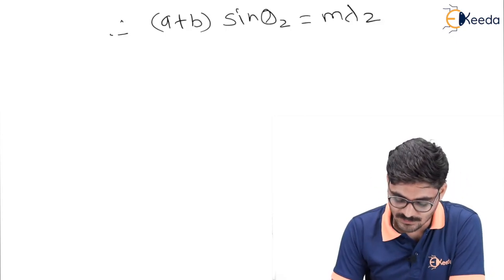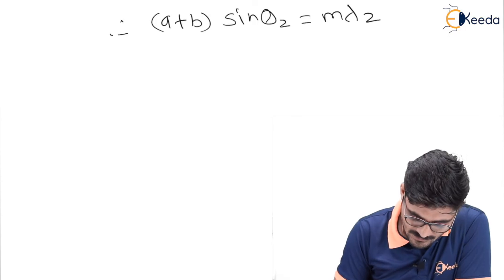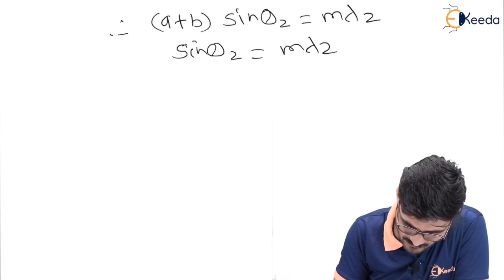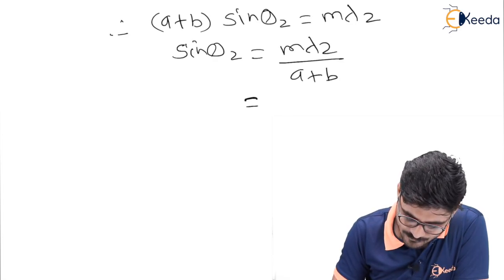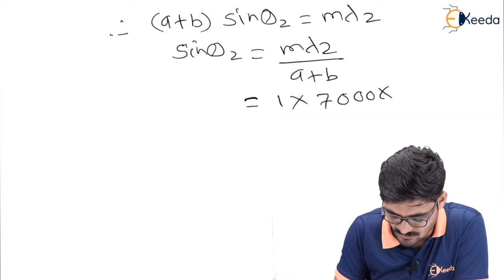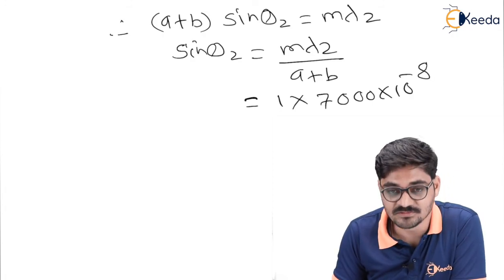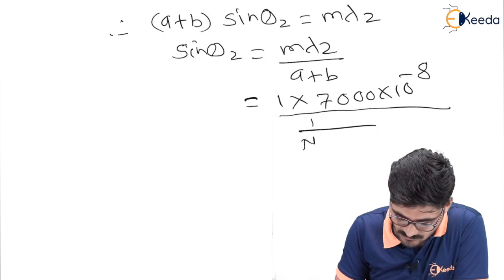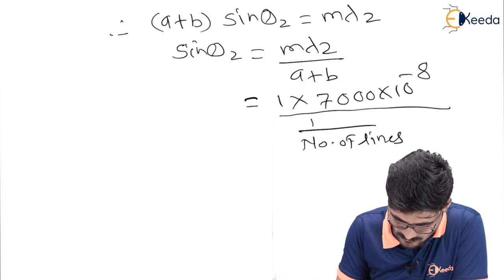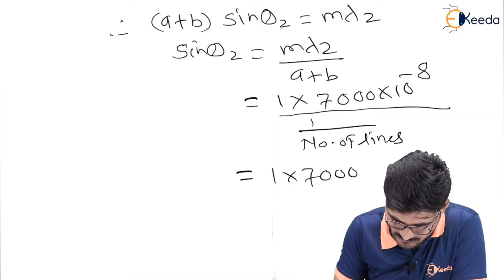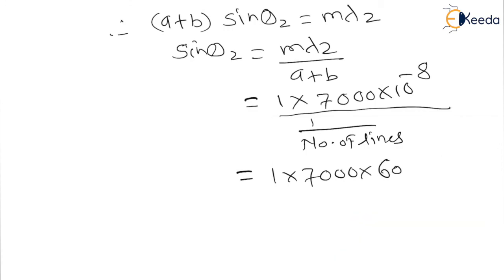Now we just have to find theta 2 for the second wavelength. So a plus b will remain the same. So sine of theta 2 is m lambda 2 upon (a plus b). The order is 1. Lambda 2 is 7000 Angstrom, that is 7000 into 10 raised to minus 8 centimeter, upon what is the replacement of a plus b? It is 1 upon the number of lines per centimeter. So it goes up in the numerator: 1 into 7000 into the number of lines, 6000, into 10 raised to minus 8.